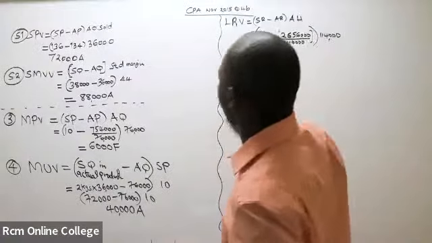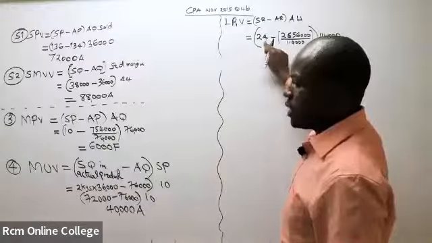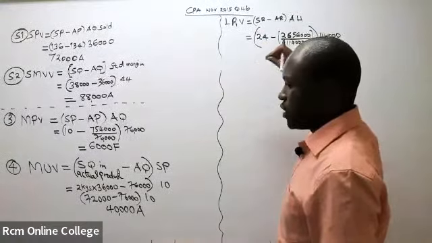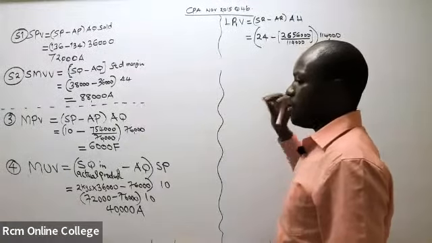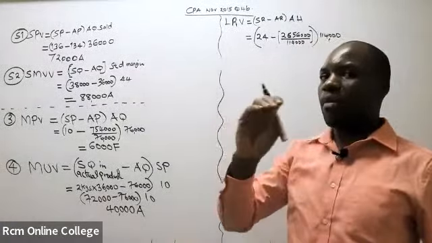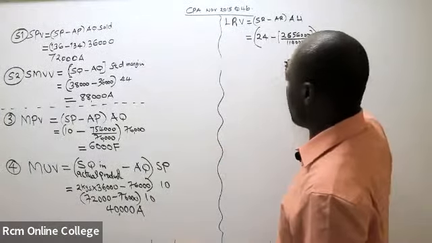Now you will ask yourself, if you are to pay 24 shillings, but it has been reduced a little, now you pay 23. Is it something you should be happy about, or is there a problem? You should be happy about it because you've saved some amount. The moment you've seen that you've saved, it is favorable.